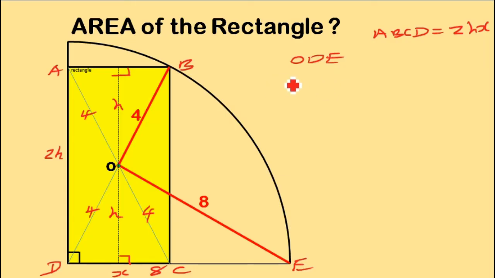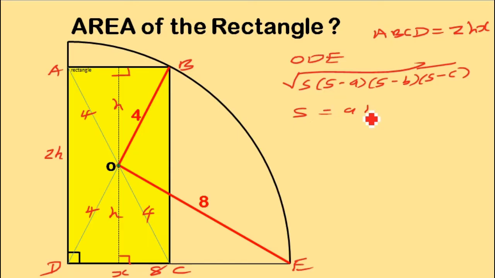So the area of a triangle using Heron's formula is going to be the square root of S into S minus A into S minus B into S minus C, where S is half of the perimeter. The perimeter is the distance all round, divided by 2, meaning these 4, 8, and 8 are the A, B, and C, the 3 sides.